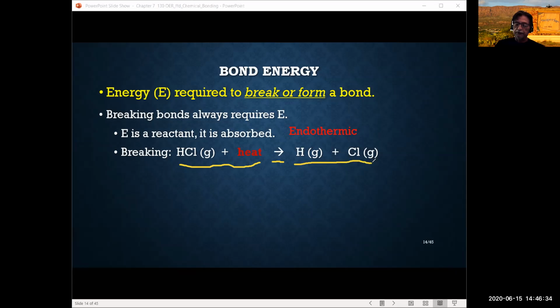So, reactants on the left side of the arrow, products on the right side of the arrow. And so what they're saying up there is for an endothermic reaction, heat or energy is a reactant, and therefore on the left side of the arrow.